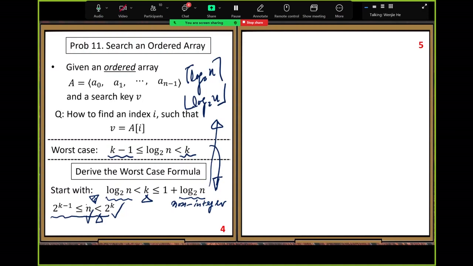Let's treat this inequality as finding a lower bound power of 2 for n and an upper bound, another power of 2, for n. Can we change the upper bound and lower bound to make the range for n a little smaller?